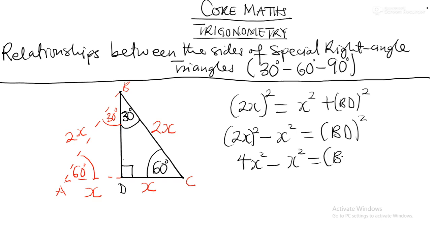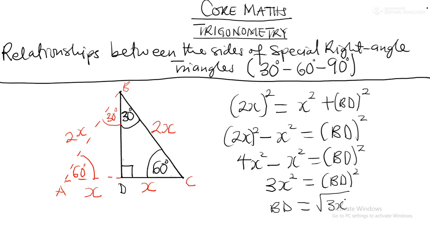BD squared. So 4x squared minus x squared will give us what? 3x squared equals what? BD squared. So it means that our BD will be equal to square root of 3x squared.